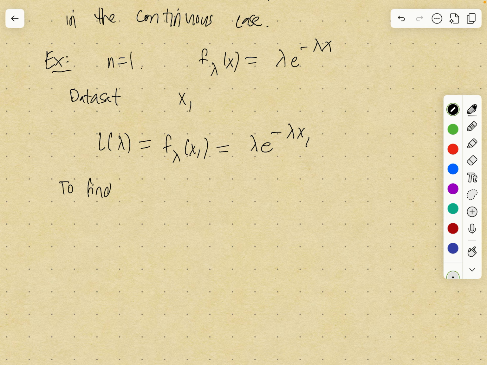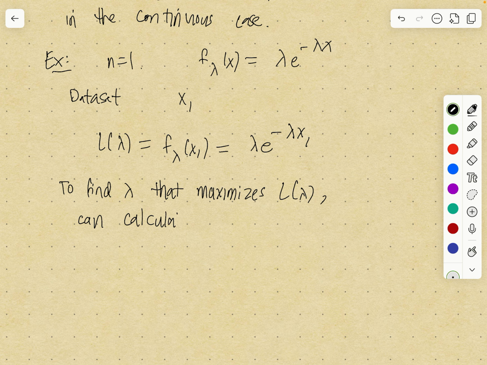So to find lambda that maximizes L of theta, one thing you can do is calculate L prime of lambda and solve L prime of lambda equals 0. Because you're trying to figure out when this is a maximum.